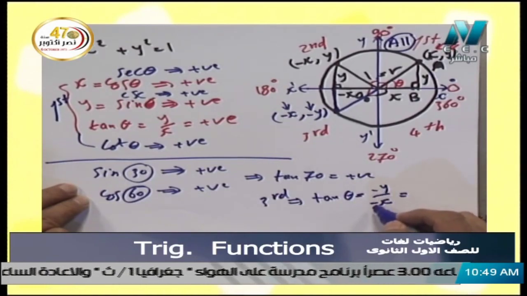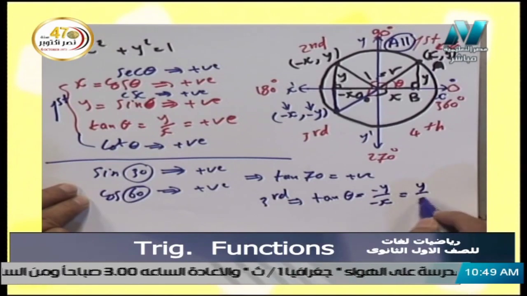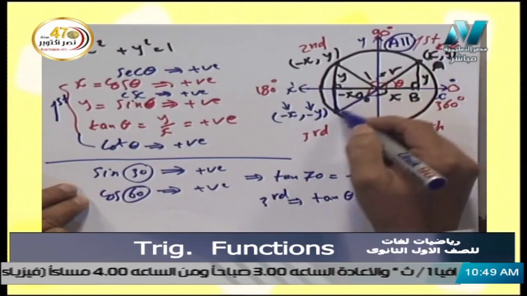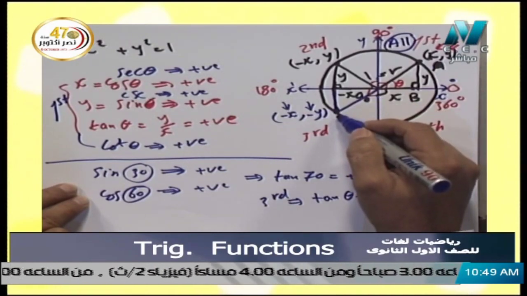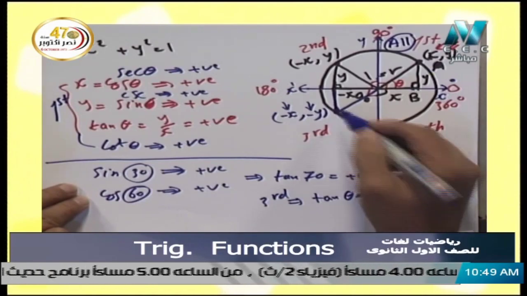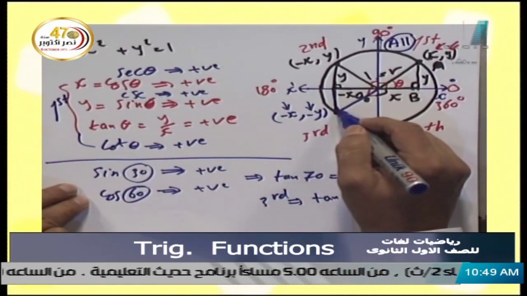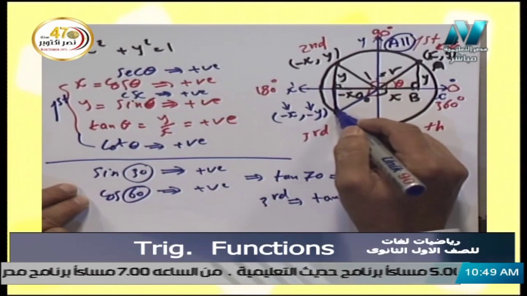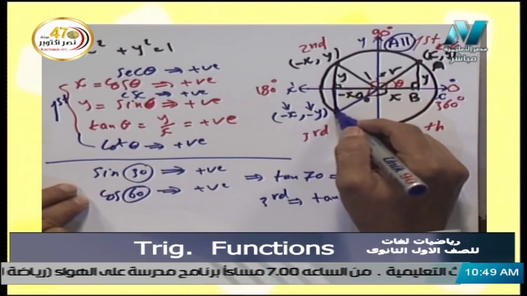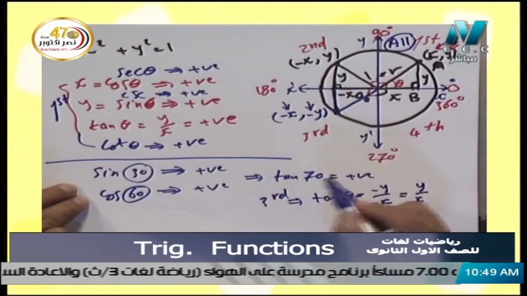Negative divided by negative is positive, so in the third quadrant tan and cotan are positive. So in the third quadrant cosine is negative, sine is negative, but only tan is positive.